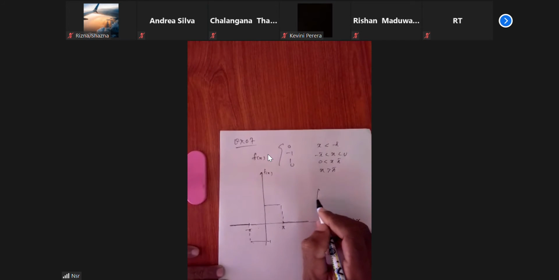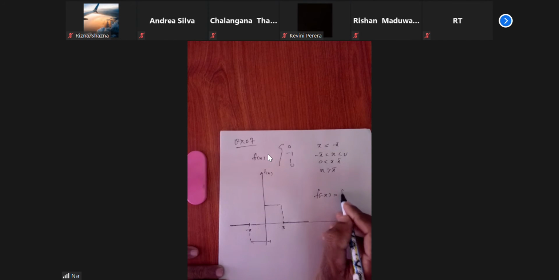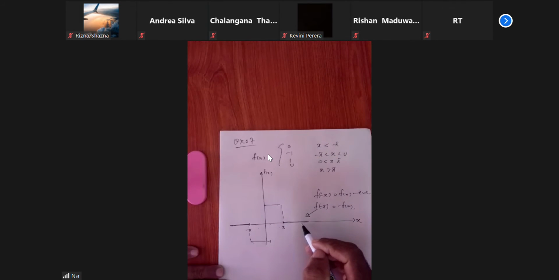Because for an even function, f(x) equals f(-x). If you substitute f(-x), that equals f(x) for the even function. But in this case, if we substitute f(-x), we have minus f(x). So exactly this is an odd function.